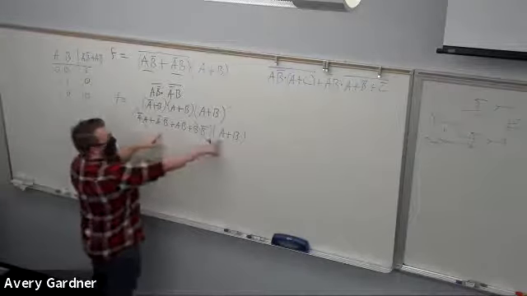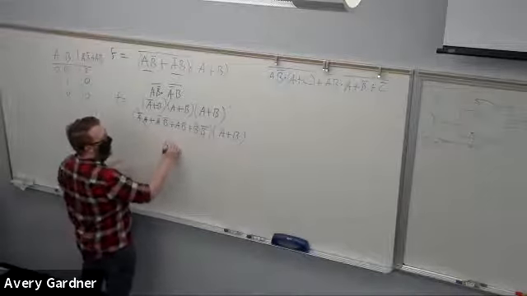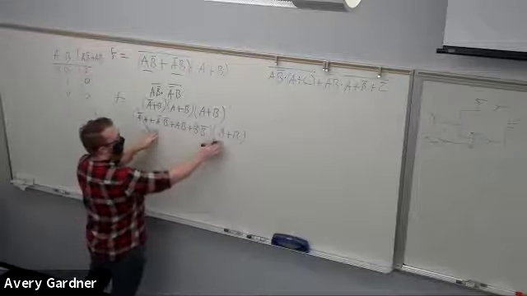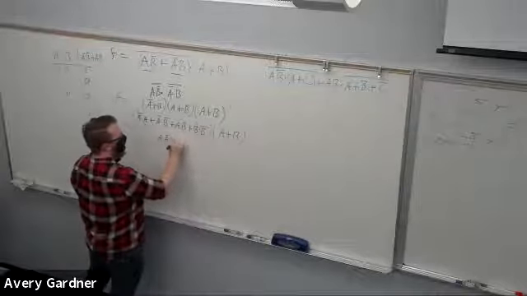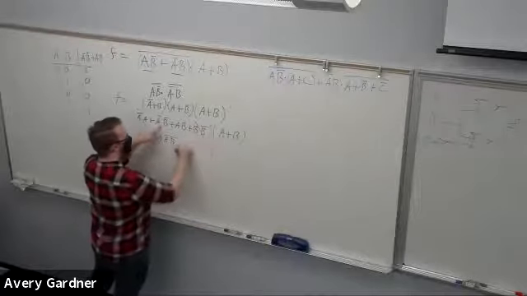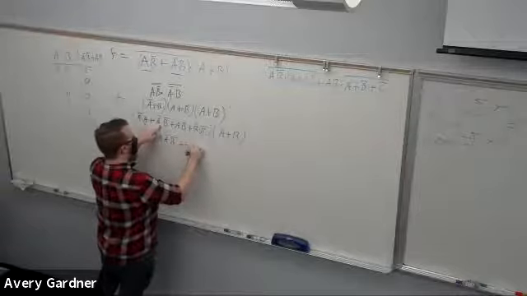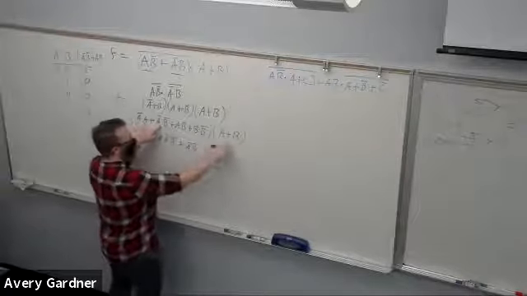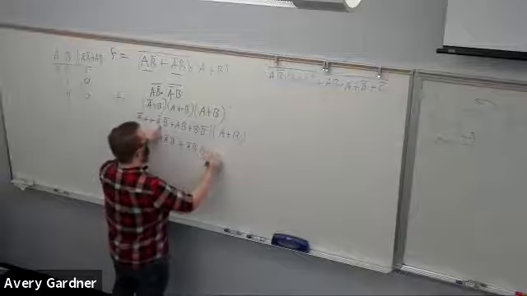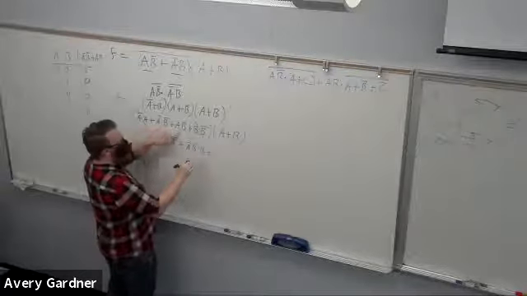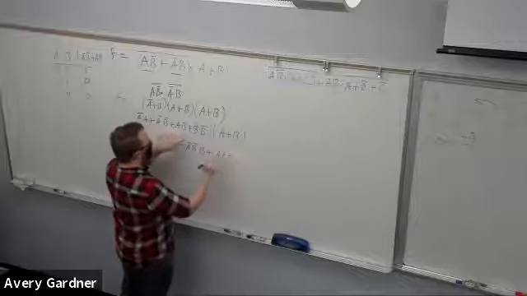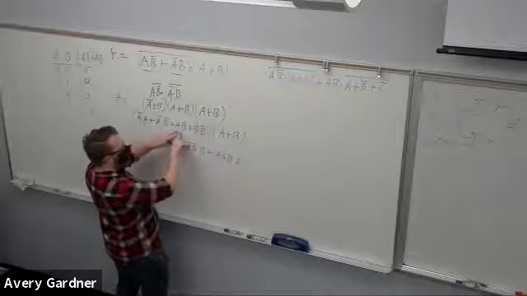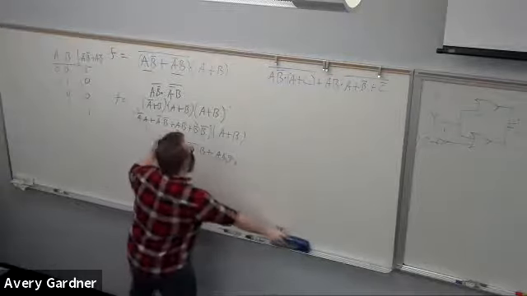Okay, let's do some multiplying through then. A bar, B bar, or B bar, B, or A, B, or, sorry, I did that one wrong, didn't I?